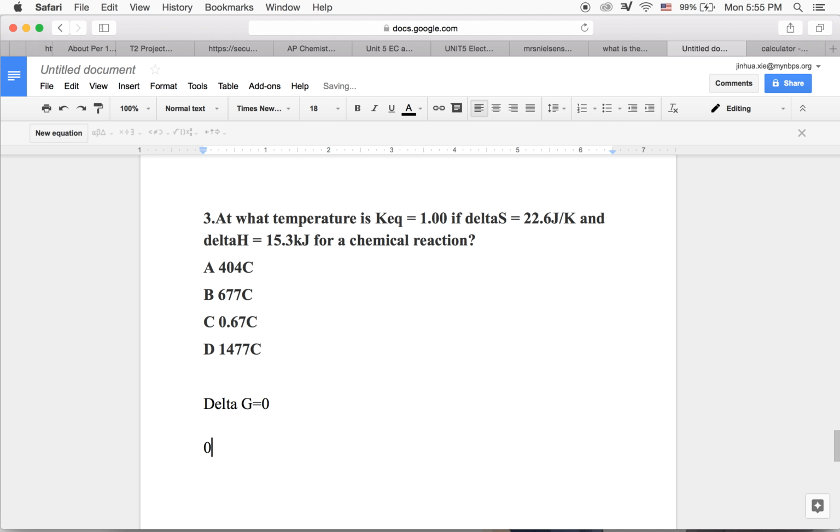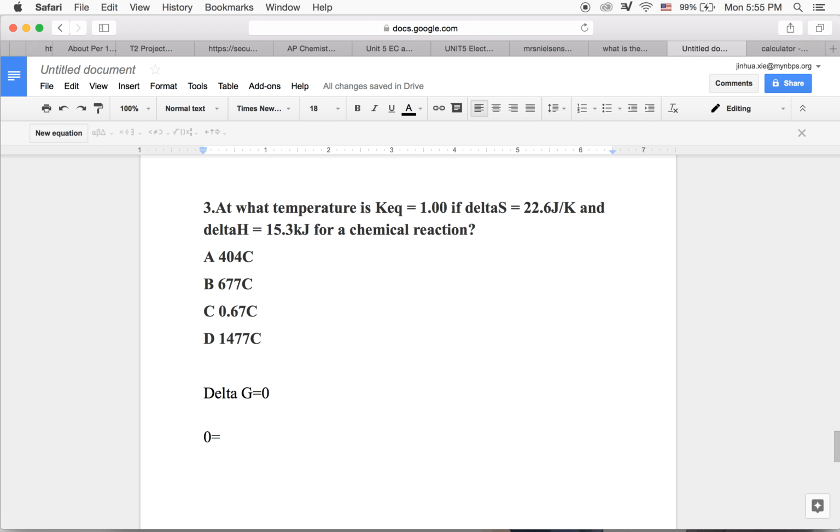And we use the formula delta G equals delta H minus T delta S. So we got T equals delta H over delta S. The T is 404 Celsius. So we choose A for this one.